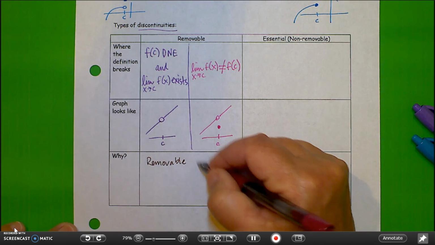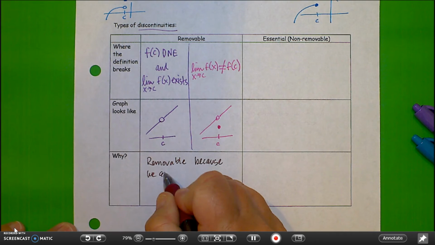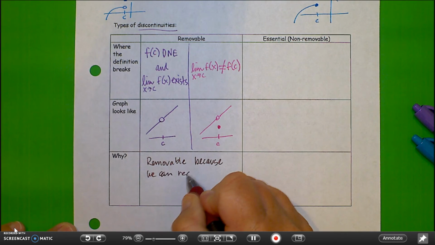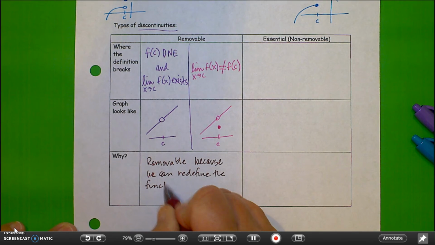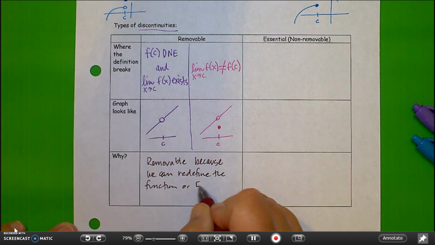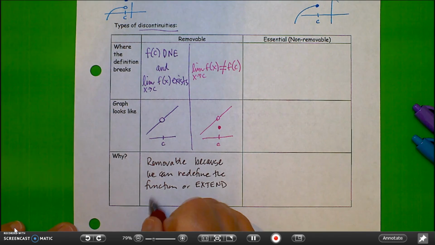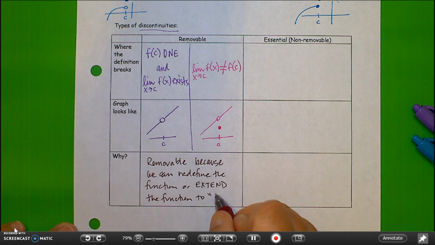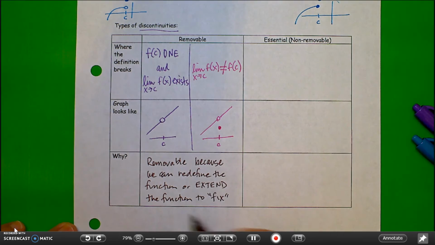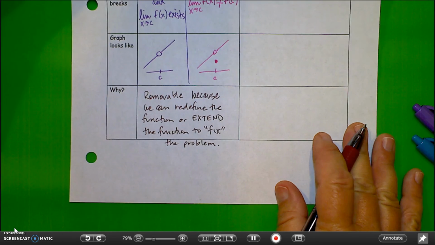So it's removable because, I'll write this down, we can redefine the function, or extend the function is the better term, to basically fix the problem or the hole. We fill the hole. And I'm going to give an example of this.